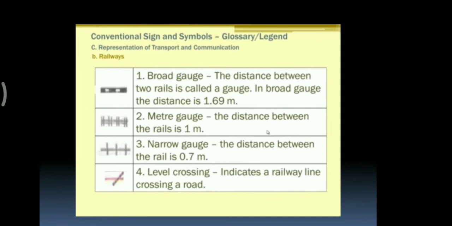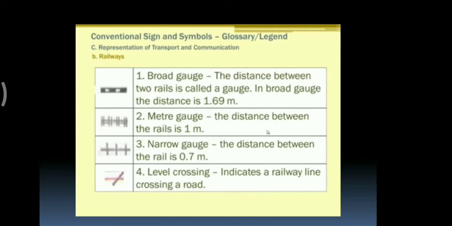For another, we have railways. So we have three sorts of gauge: broad gauge, meter gauge, narrow gauge, and one is level crossing, road crossing. The distance between the two rails is called gauge, and the broad gauge distance is 1.69 meter.